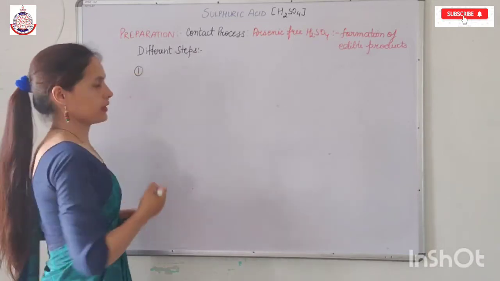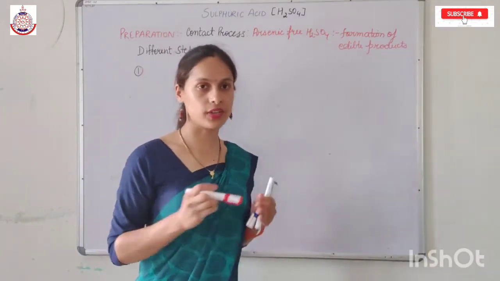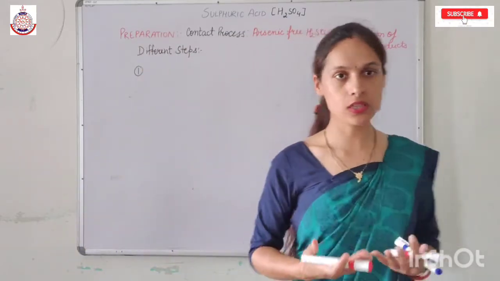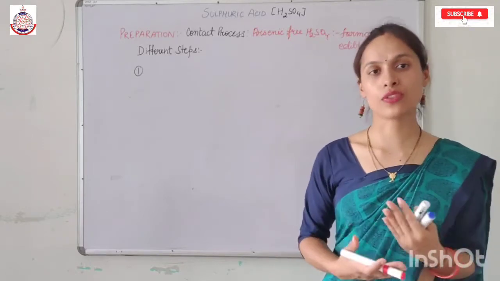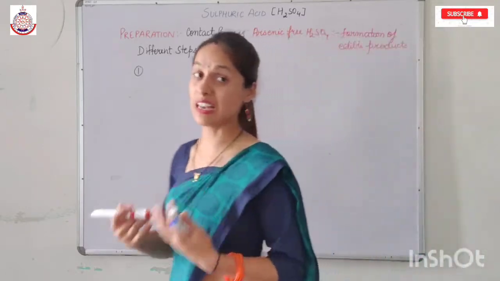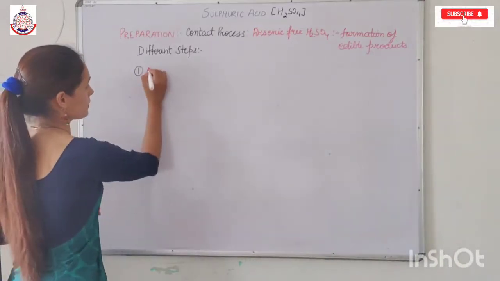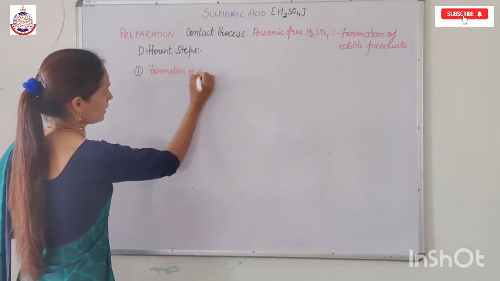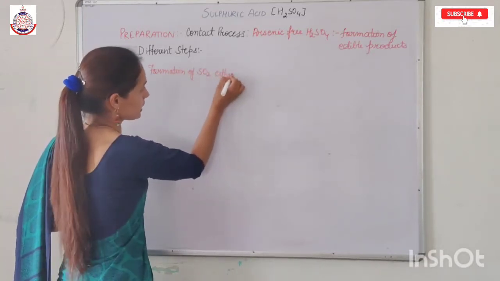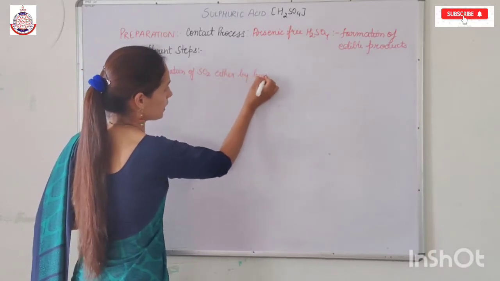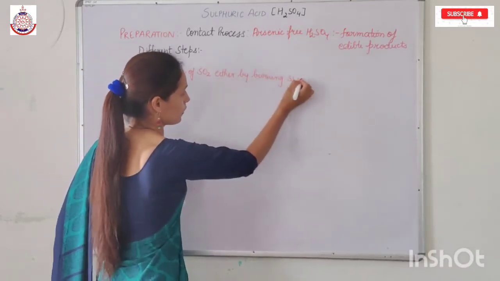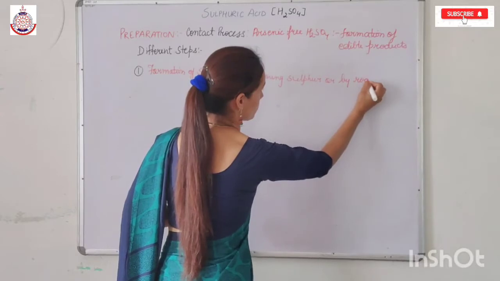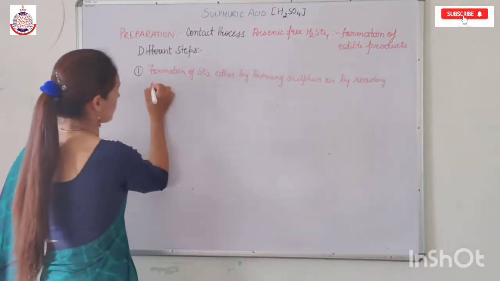Now, the first step of the contact process is the formation of sulfur dioxide, either by burning sulfur or by roasting of pyrites, that is, roasting of sulfide ores.